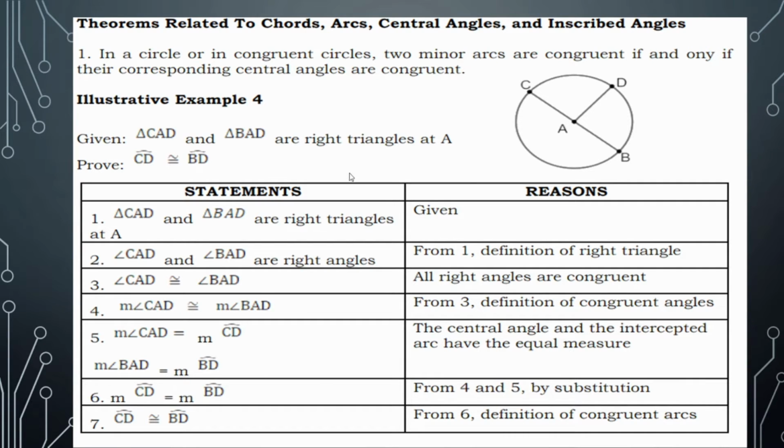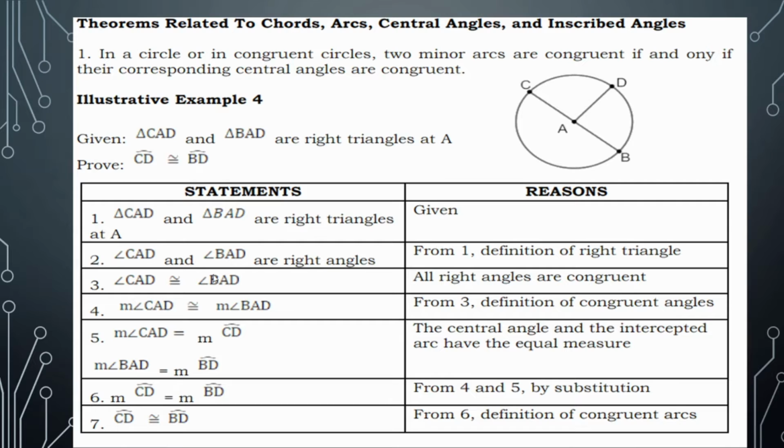So we have in here triangle CAD and triangle BAD are said to be right triangles at A. So arc CD is congruent with arc BD. This is the given from the definition of a right angle.